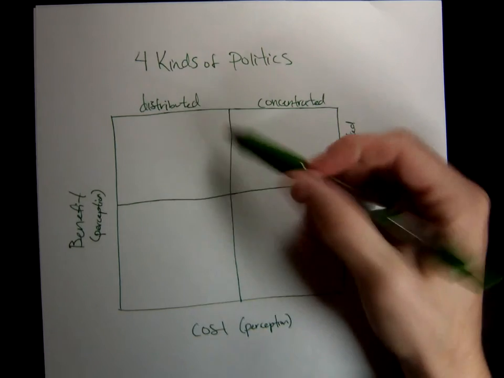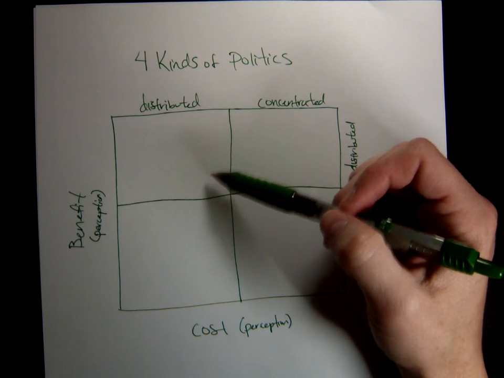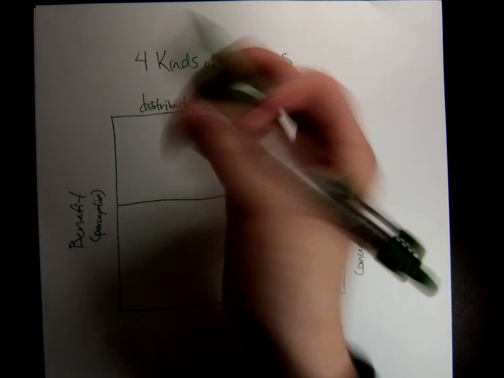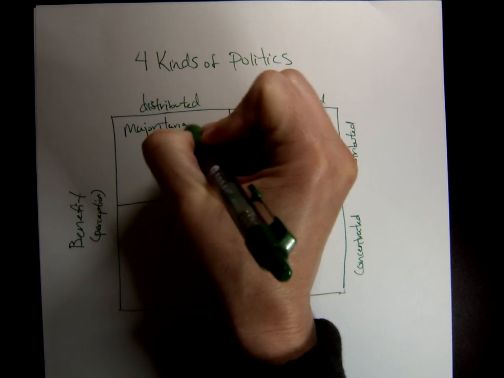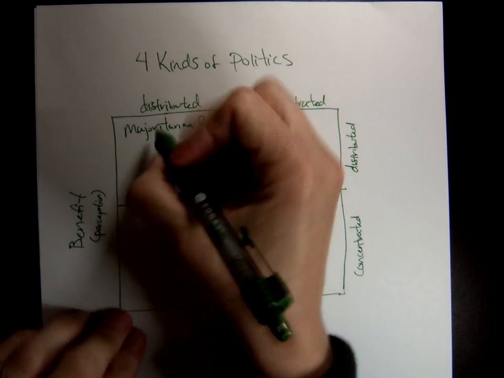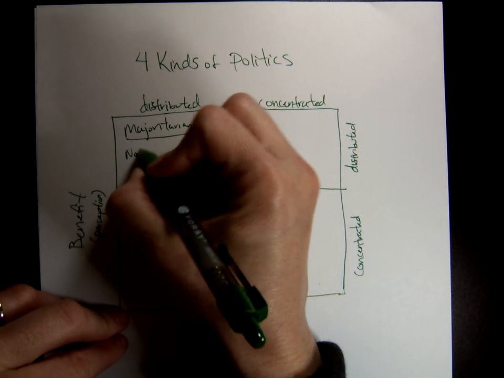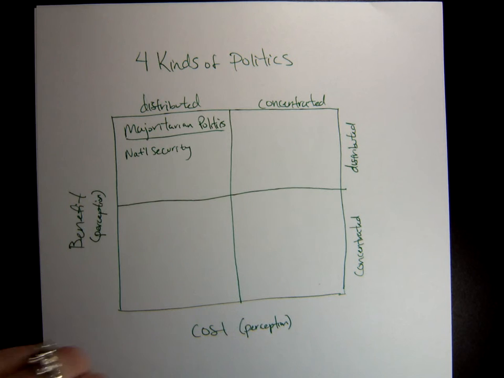So in this quadrant right up here, this would be policies that would benefit all and are paid for by all. So this is called majoritarian politics. A very obvious one would be national security. We all pay taxes, and national security, protecting our borders, keeping us safe, is something that we all benefit from.